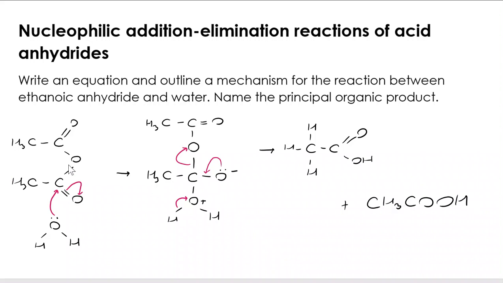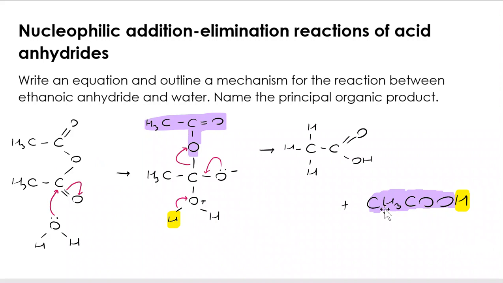Now, technically, that means there isn't a secondary product here. But CH3COOH will be the secondary product whenever we do this mechanism with an acid anhydride. And again, let's have a look at why. We're losing the H from our H2O, and we're taking our CH3COO minus from what has been lost in the second stage of the mechanism.